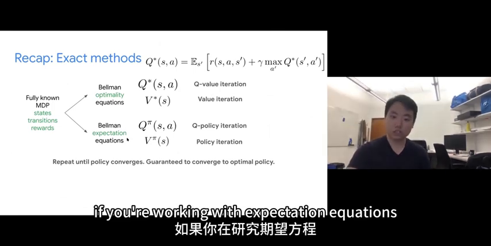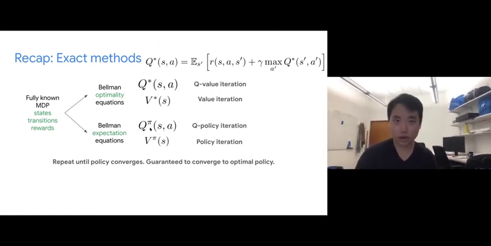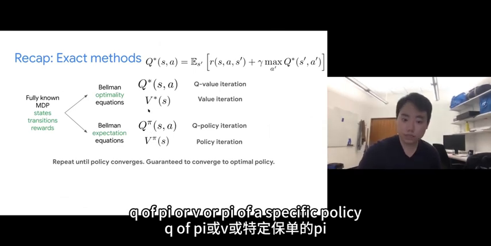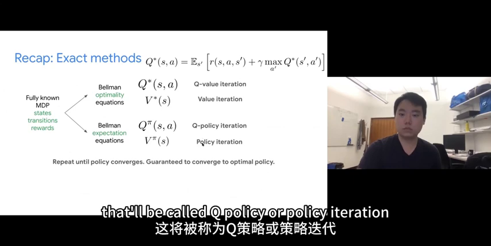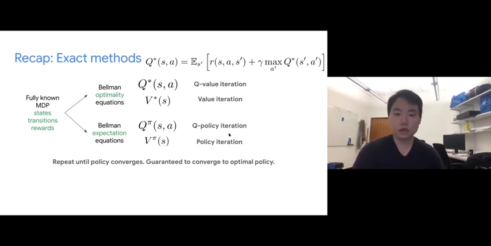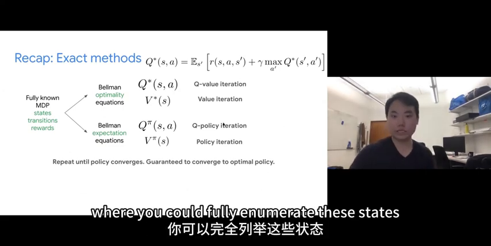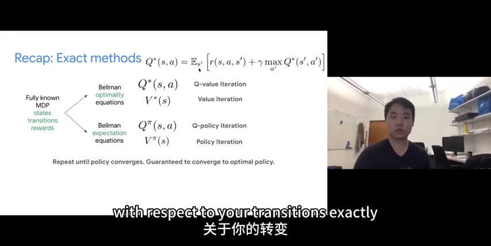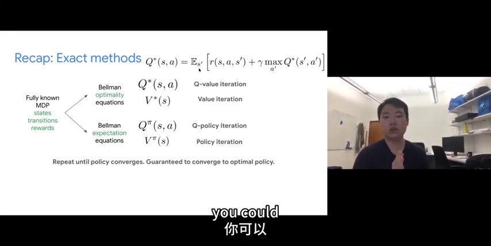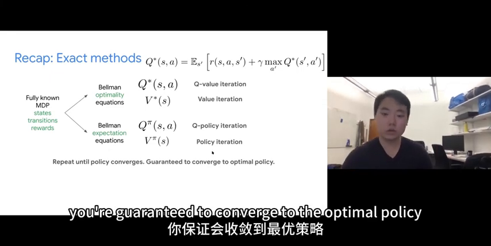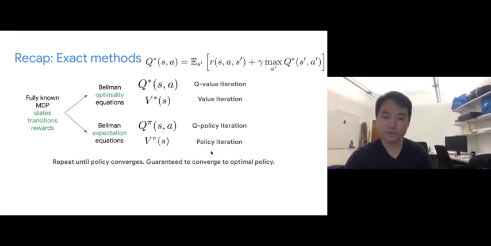If you're working with expectation equations, that means computing Q of pi or V of pi of a specific policy, and that'll be called Q policy or policy iteration. So we showed that at least in these simple cases where you could fully enumerate these states and compute this expectation with respect to your transitions exactly, you're guaranteed to converge to the optimal policy.